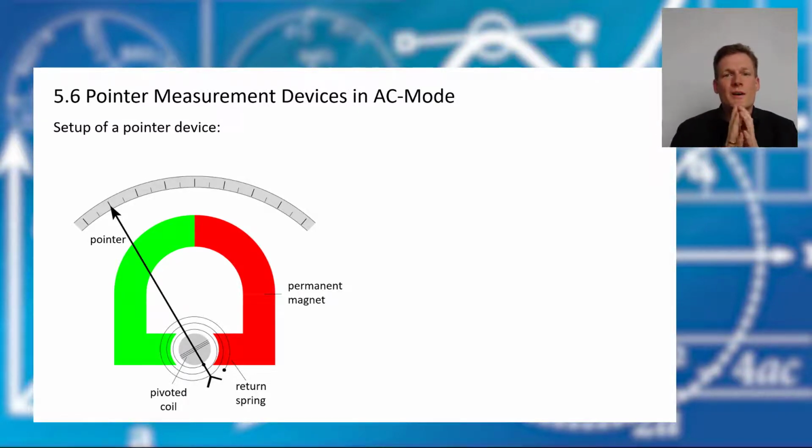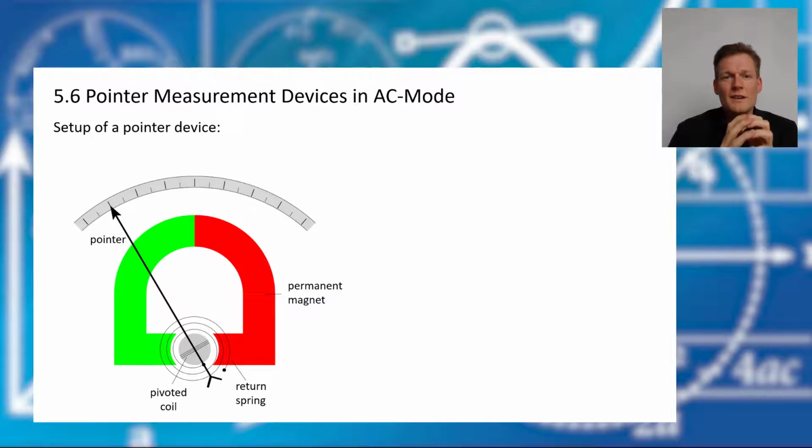We have a permanent magnet in them and it produces a magnetic field. And in that magnetic field is a small coil, and this coil is turnable and connected to the pointer of the device.